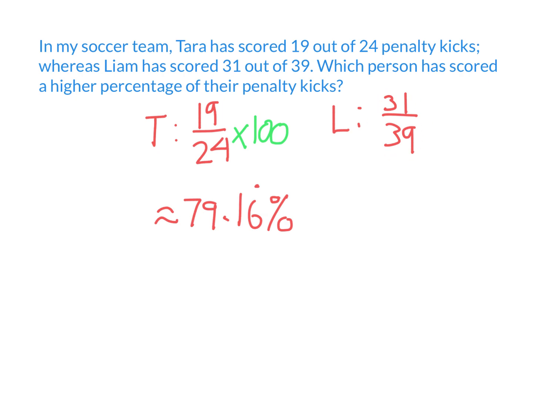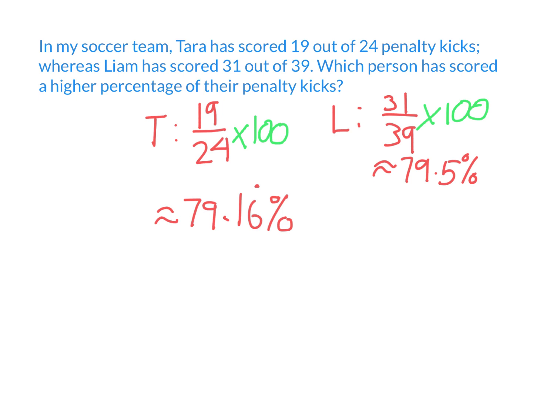If you want to convert a fraction to a percentage, you simply times by 100. So if you put this on your calculator, you get about 79.5%. Now that they're both percentages, very easy to compare, we can see that Liam is ever so slightly more accurate in his penalty kicking than is Tara. So to find one quantity as a percentage of another, first quantity divided by second quantity times 100, and then stick a percent sign on your answer.